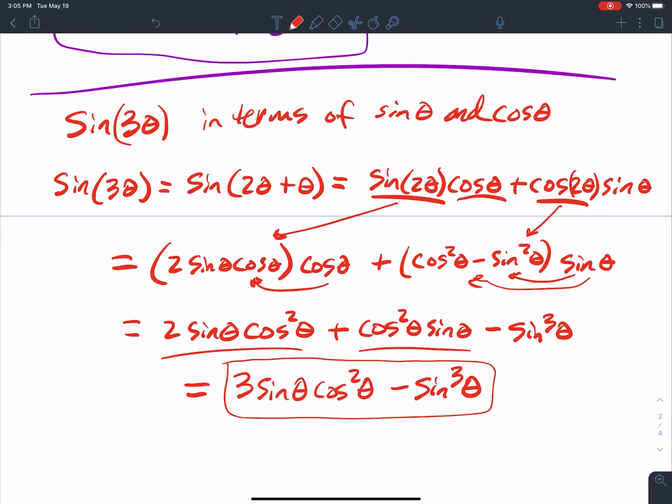So that's not the only way you could do it, but that is one way. Remember, you've got multiple formulas for your cosine double angle, so whichever one's valid. All this has to do is put it in terms of sine and cosine. And so there you go. Everything's in terms of sines and cosines of theta, not 2 theta or 3 theta, but theta in the argument.